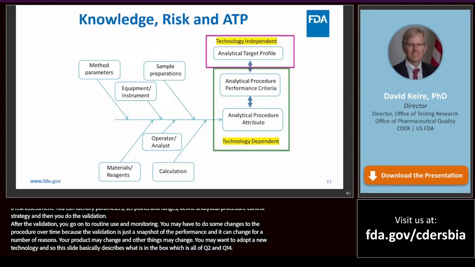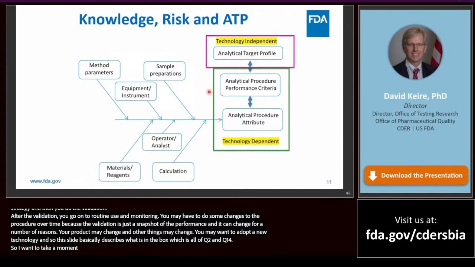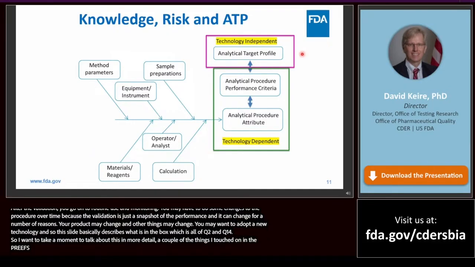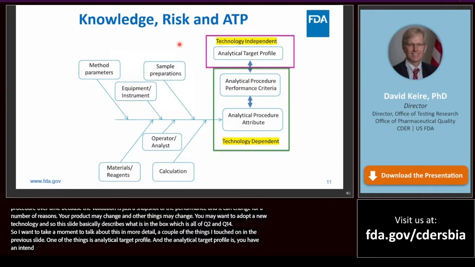So I want to take a moment to talk in a little more detail about a couple of the things that I touched on in the previous slide. One of those things is the analytical target profile. Now, the analytical target profile is where you have an intended purpose of a measurement, and some sort of performance target, and that can be described in this ATP.